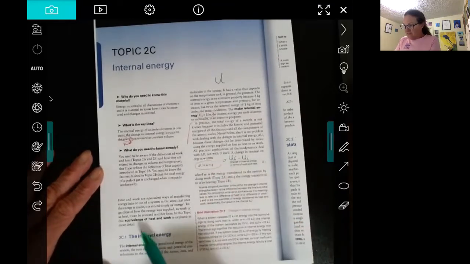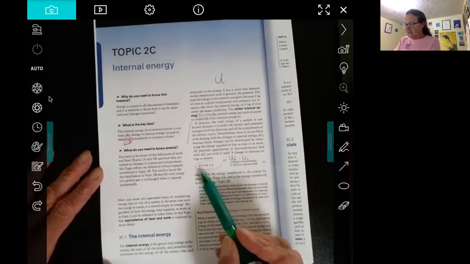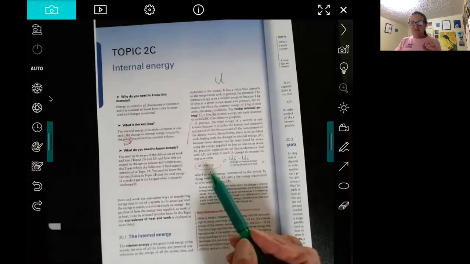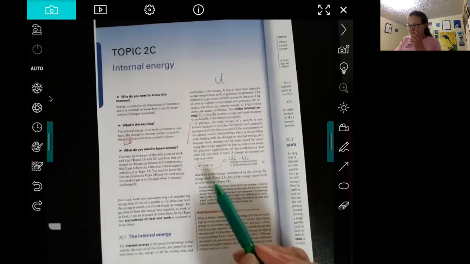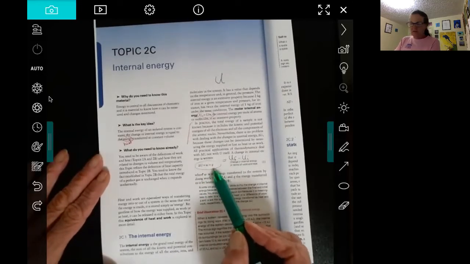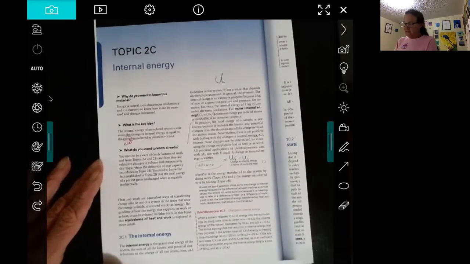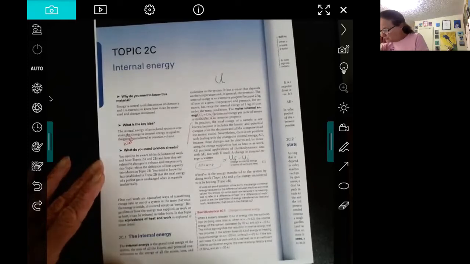And because internal energy of an isolated system is constant, that means if the internal energy changes, you have to be able to measure heat and work flowing into or out of the system. So we always know that if the internal energy changes, energy had to move in or out. Work and heat are the two ways for energy to move in and out. So we're going to have to be able to basically find those forms of energy moving.